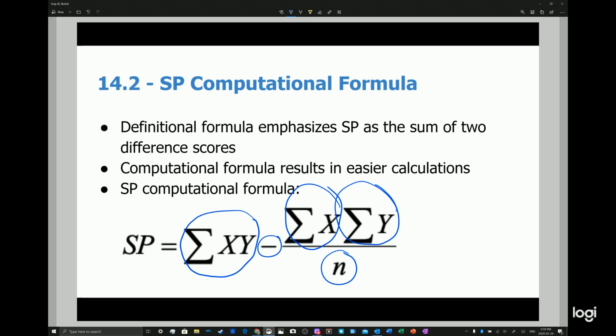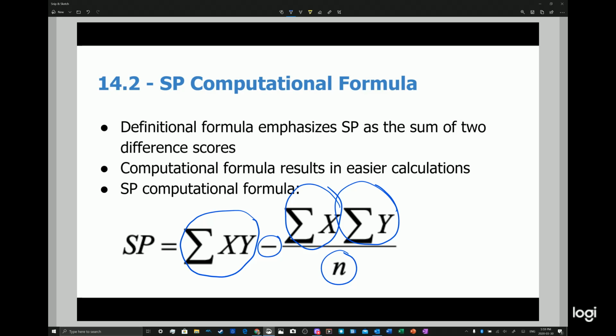All you need are the sigma xy, where you multiply your x and y's in each variable first, and then you add them up, and then you subtract that by your sigma x times sigma y and divide that by n.